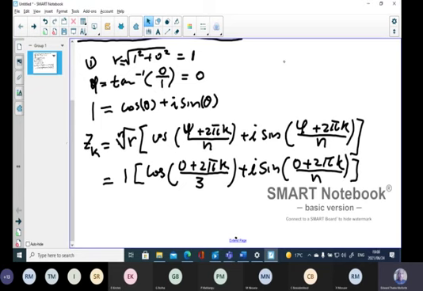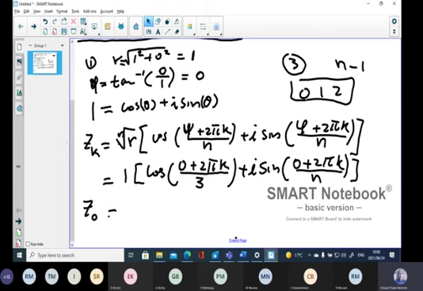Now remember here our n is 3. When our n is 3, it means that, remember, it's n minus 1. So if you substitute, these values will end up with 0, 1, and 2. So those are the values that k can take. K can take 0, 1, 2.